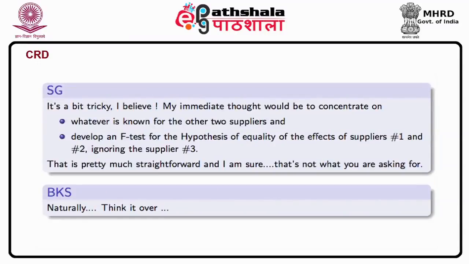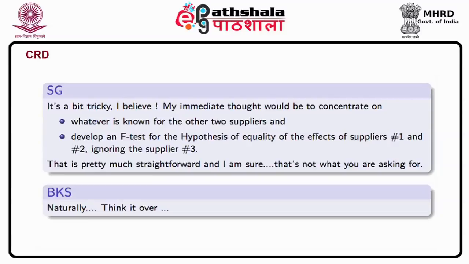My immediate thought would be to concentrate on whatever is known for the other 2 suppliers and develop an F-test for the hypothesis of equality of the effects of supplier number 1 and 2, ignoring the supplier number 3. That is pretty much straightforward, and I am sure that's not what you were looking for.